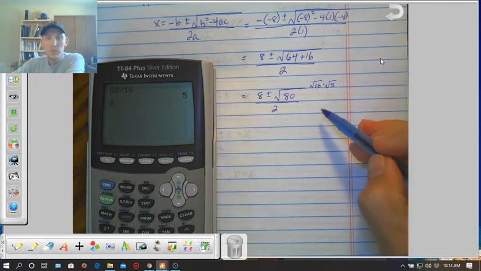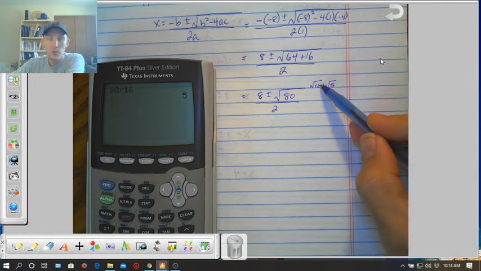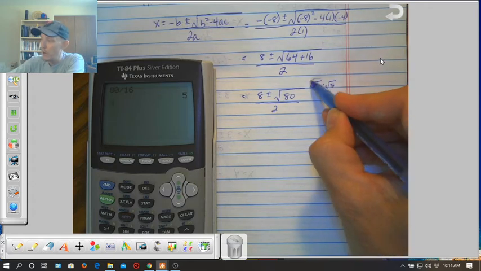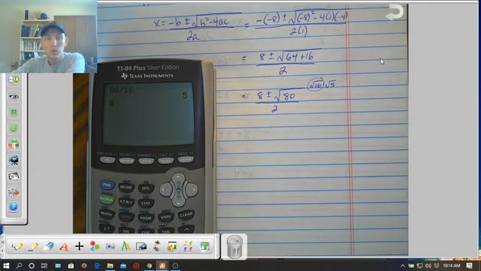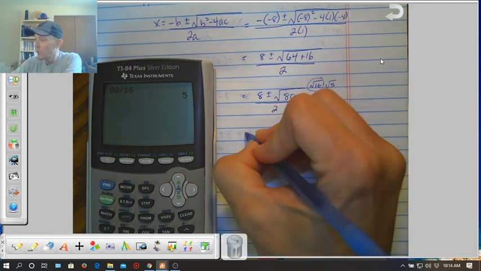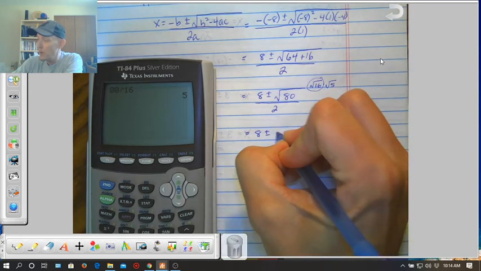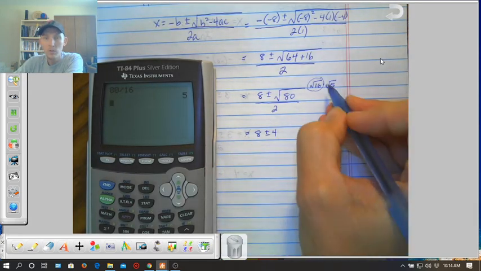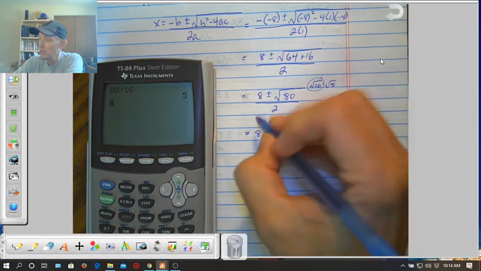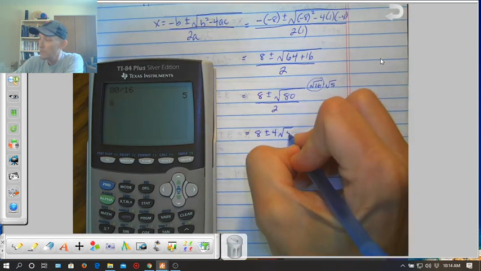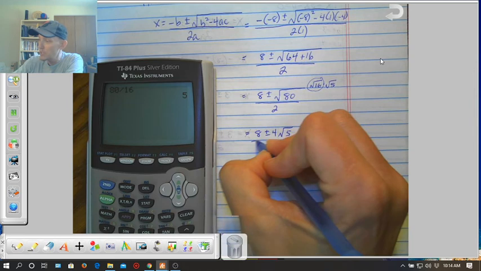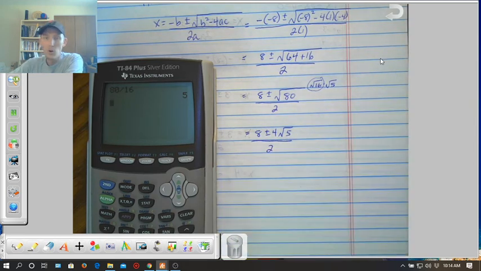Let's remember from simplifying radicals that as soon as I have a perfect square, I can take the square root of that and put it out in front. So the square root of 16 is 4. This simplifies to 8 plus or minus the 4, because that's the square root of 16, and radical 5 stays on the inside because it is not free, all over 2.